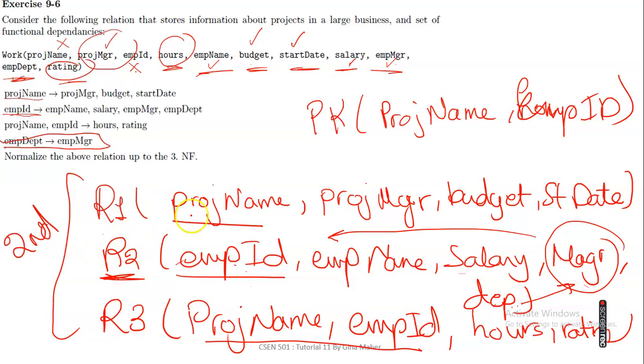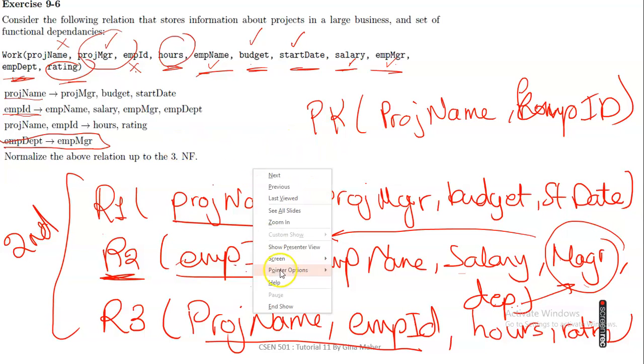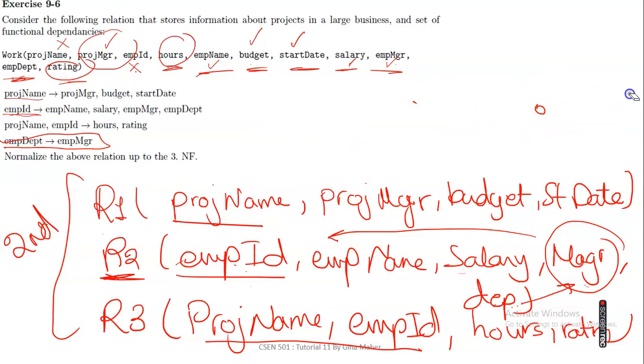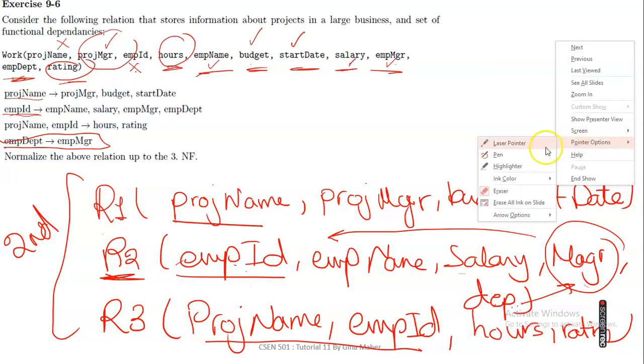In order to be in the third normal form, we should decompose more. So R2 will be decomposed into two more relations.